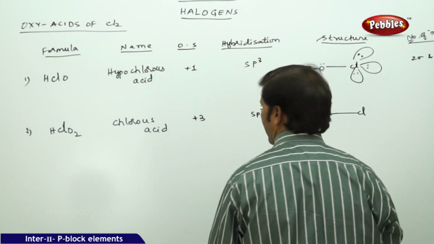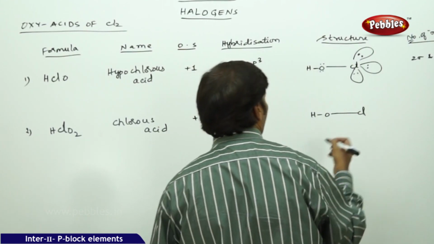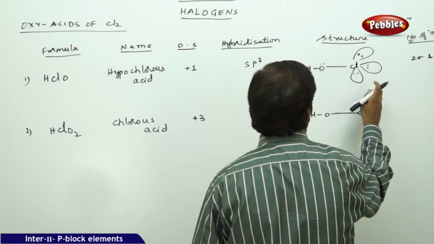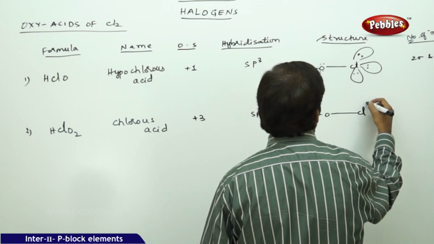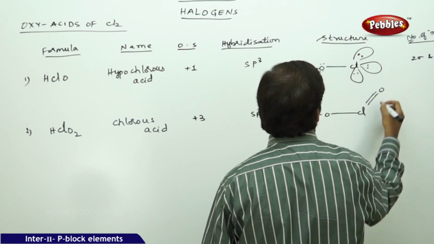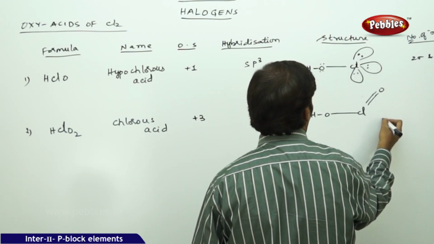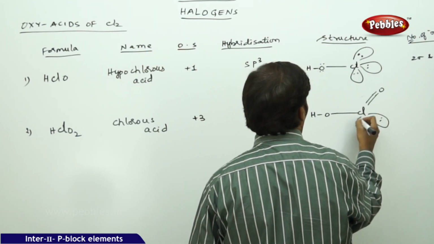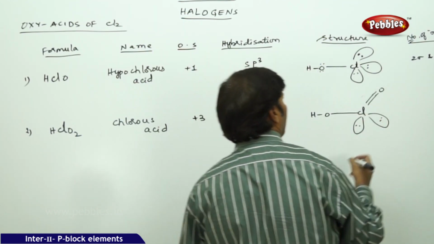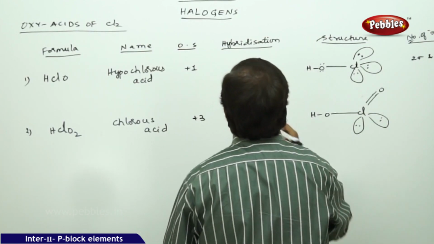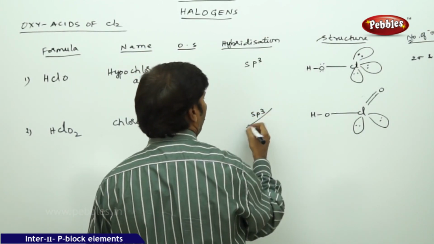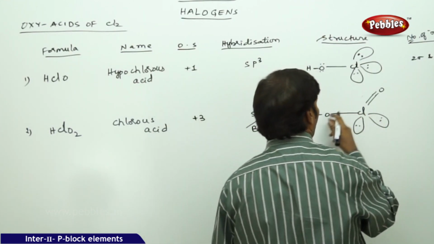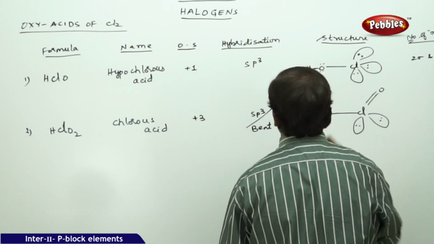There is 1 double bond oxygen here and another double bond oxygen here. Again it is the structure and shape, sp3, and this is a bent molecule.